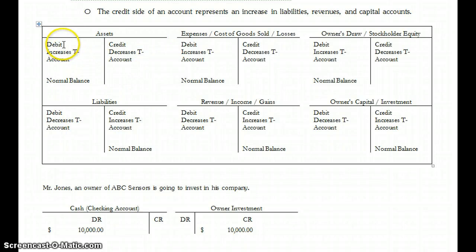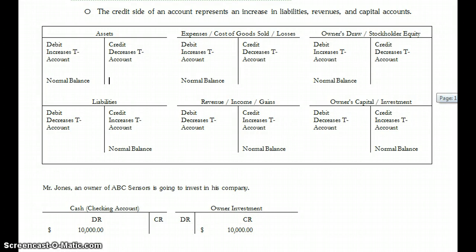So we're going to debit that because we're increasing that account by $10,000. The owner's investment account has a normal credit side. So we're going to increase that side of the T account by $10,000. So we have a debit to the checking account for $10,000 and a credit to the owner's investment account for $10,000.